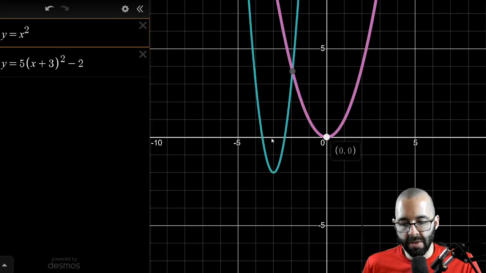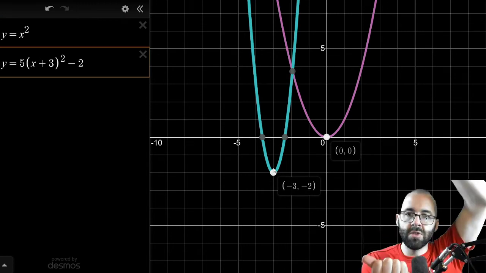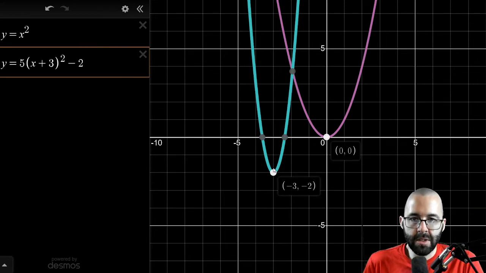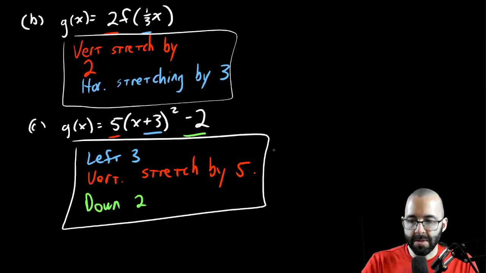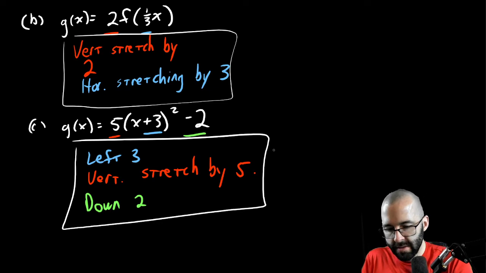Should be move left 3, stretched by 5, and then down 2. So should be vertically stretched. Looks vertically stretched. And it's also left 3 and down 2. All right. And that's this example. Let's do one more.